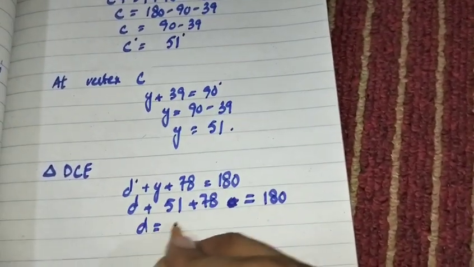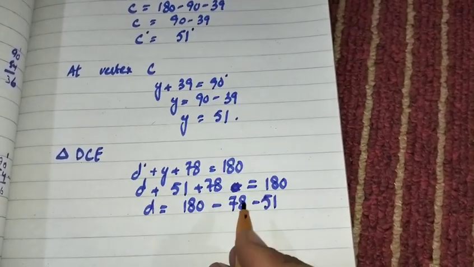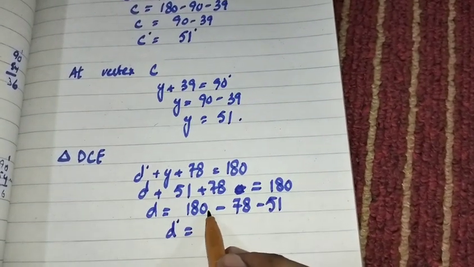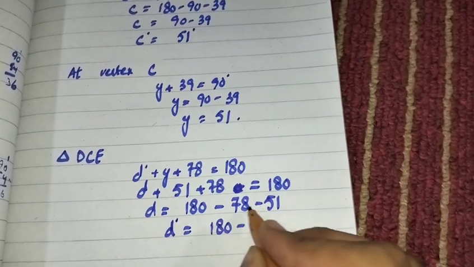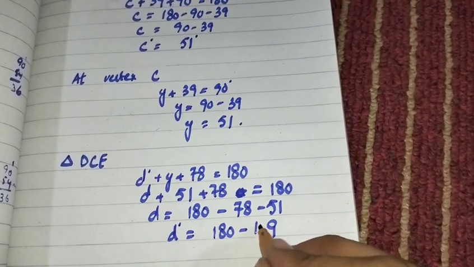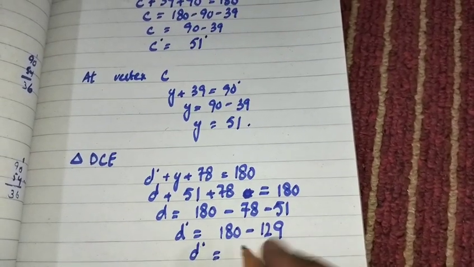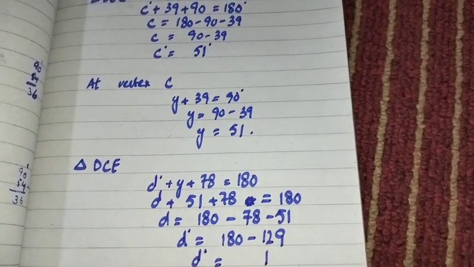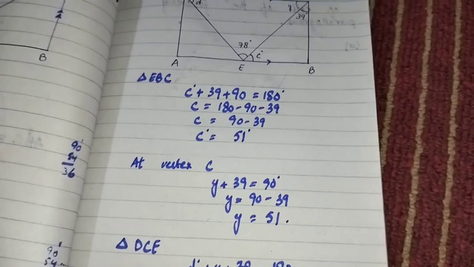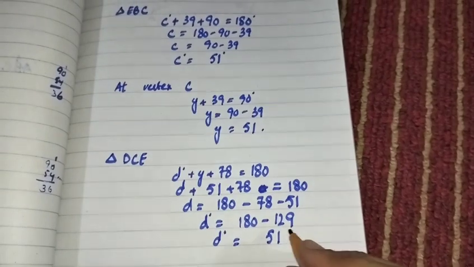So D will be equal to 180 minus 78 minus 51. 78 plus 51 is 129, and D will be equal to 180 minus 129, which is 51 degrees. D will be equal to 51 degrees.